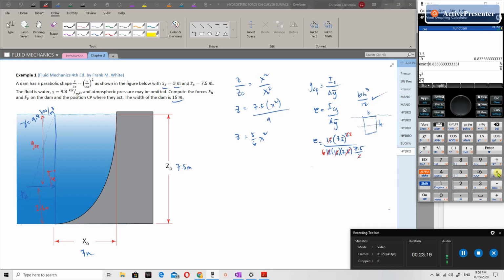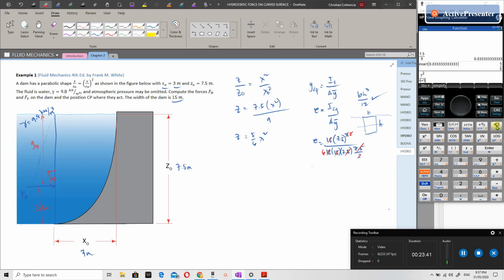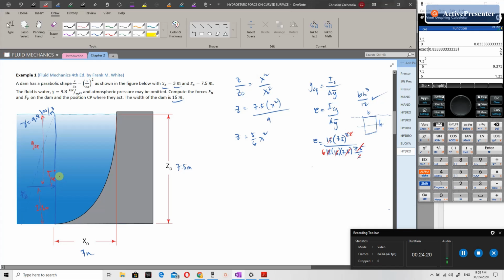So times over 6 times, we can still cancel this. 7.5 over 6, this other 7.5 also cancels. Oops, there is no square anymore. Sorry, I made a mistake. We already cancelled the square because we cancelled the other 7.5. So that is 1.25. So the distance E is 1.25.